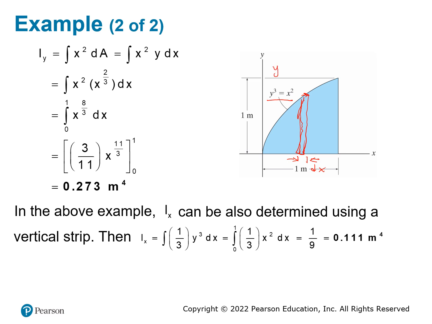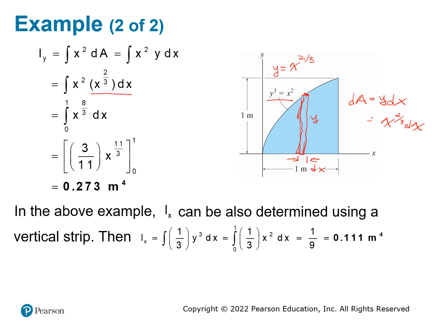So y is equal to x to the 2/3. And our area, dA, is going to be equal to y dx, where y is equal to this. That's exactly what you see here.